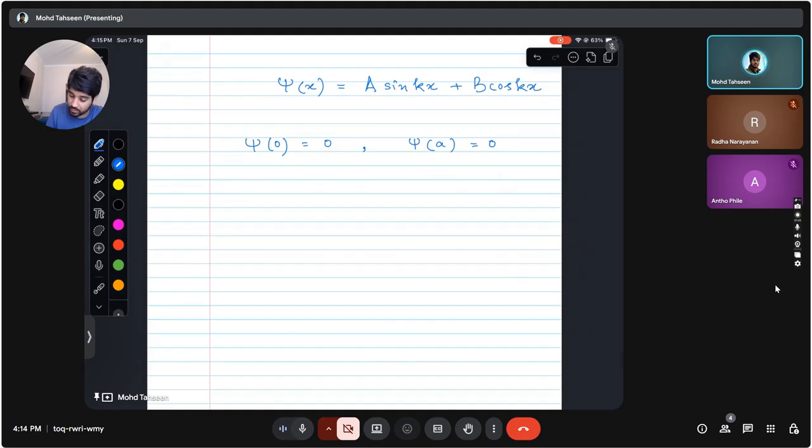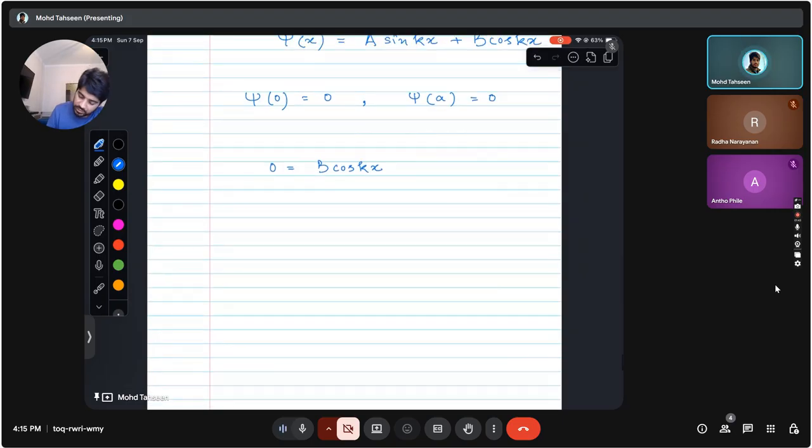So if I put x equal to 0, then what I get is 0 is equal to sine 0, which is 0, plus b cos kx, right? So that means kx should be, when is cos 0? Cos function is 0 when the argument is odd pi, right? Cos pi by 2 is 0, cos 3 pi by 2 is 0. When it is odd pi, that time the cos function becomes 0.